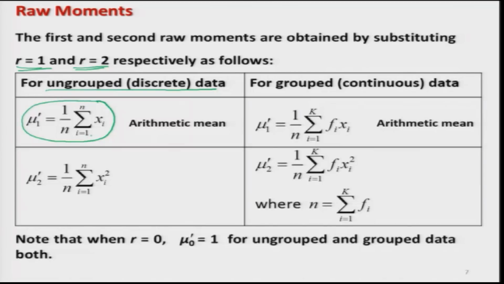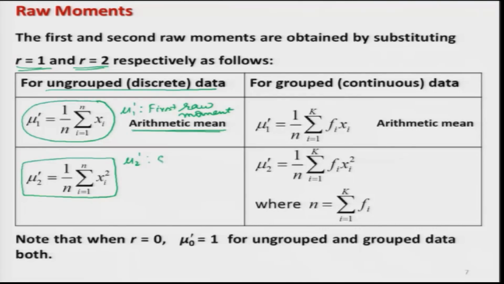If you identify what this is, it is nothing but your arithmetic mean, and this mu 1 prime is called the first raw moment. Similarly, if I put r equal to 2, I get mu 2 prime is equal to 1 upon n summation i goes from 1 to n x i square. This quantity mu 2 prime is called the second raw moment.